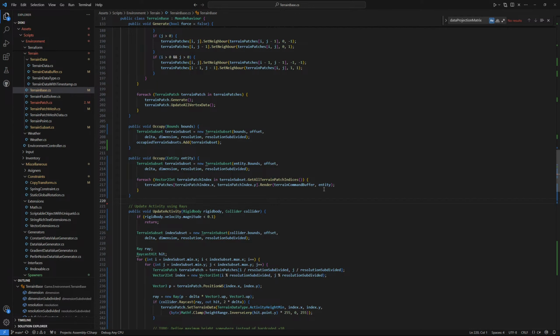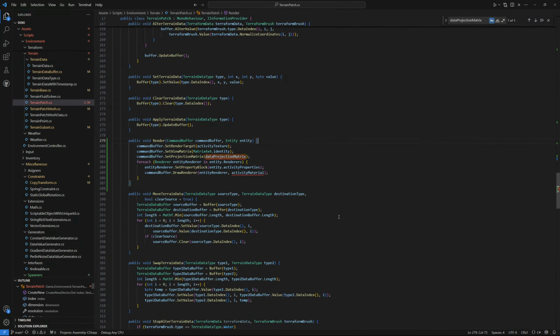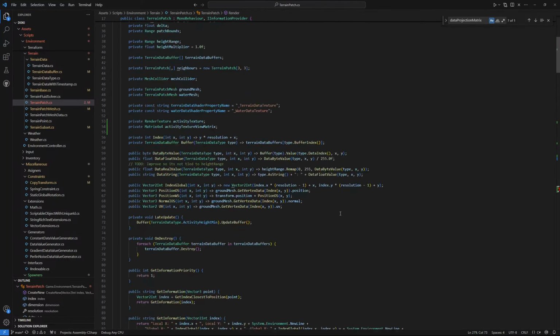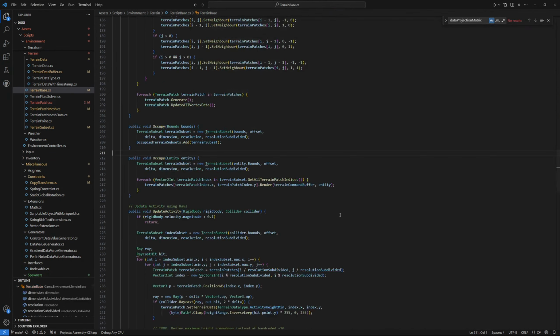Yeah, maybe that's the best option. Which means that the terrain patch is going to have to keep track of entities we want to render here.